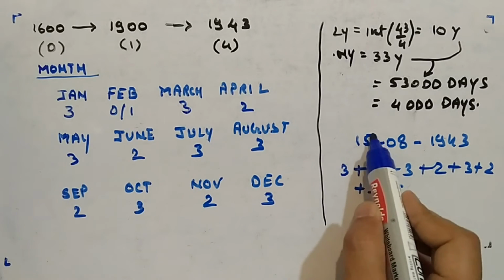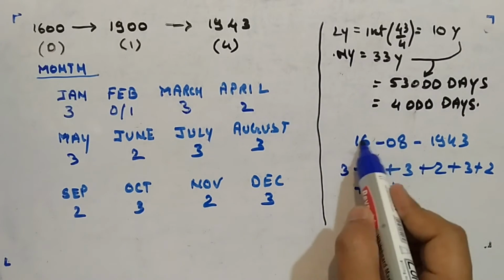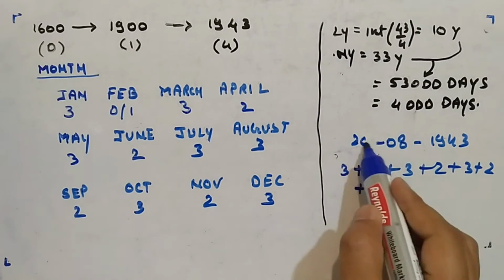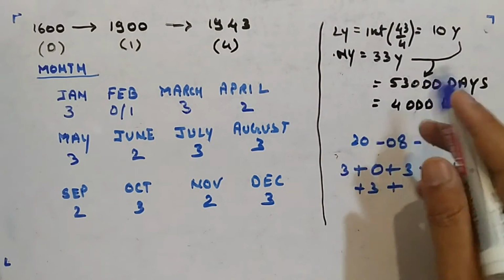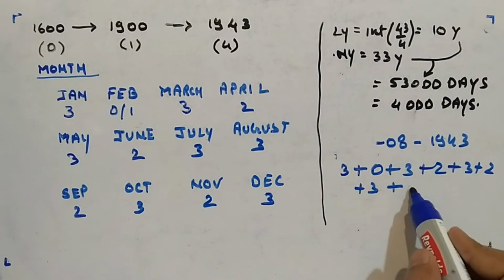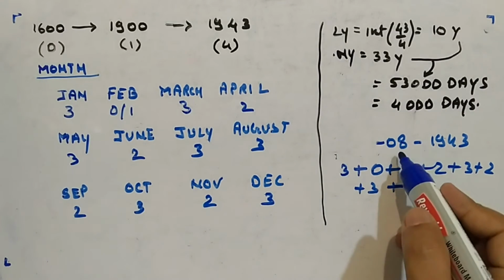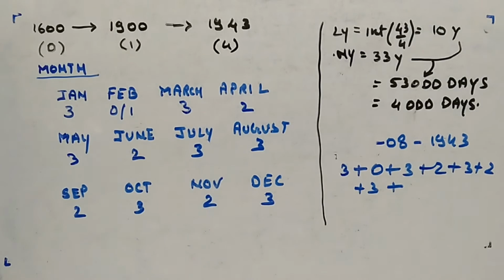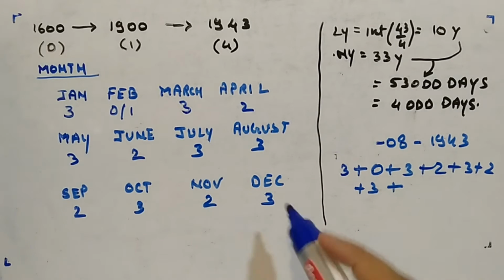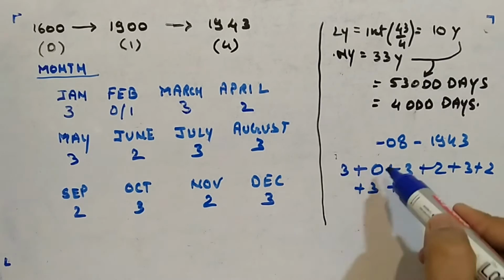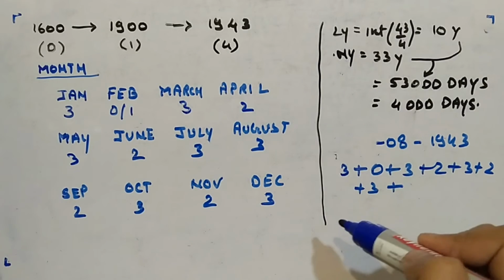Maybe it will be 15, maybe it will be 16, maybe it will be 20, any date will be there. The month is not complete, right? So that is why you don't take any odd day for this August. Okay, till July you have to take. That will be clear when I deal with dates.